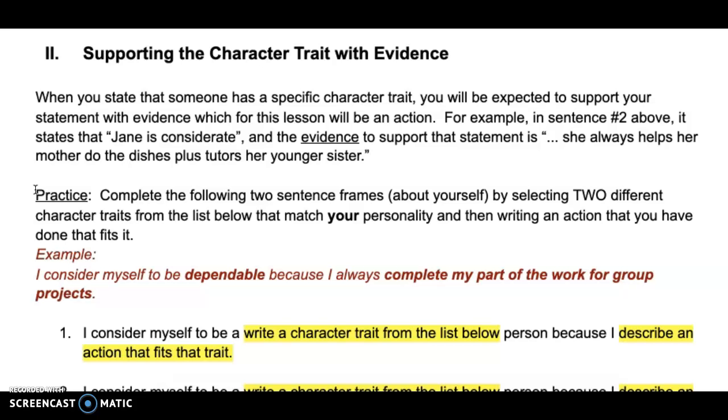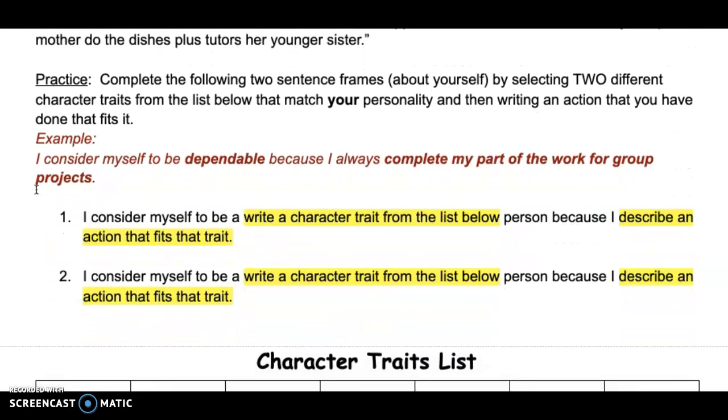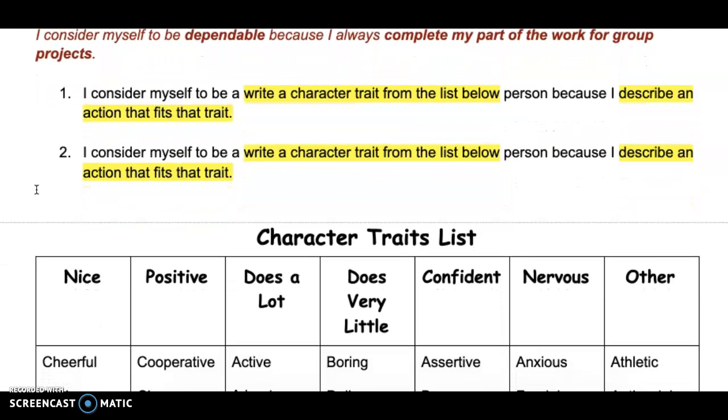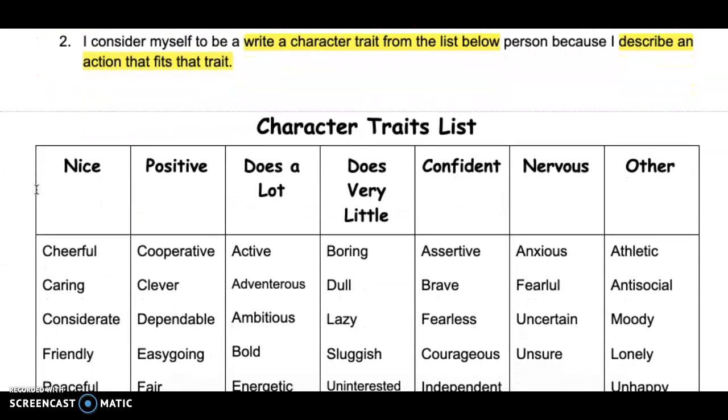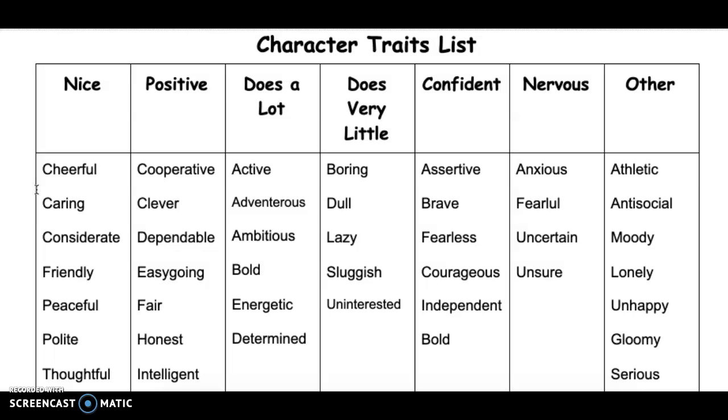So just to be clear, there is a list down here that says character traits list, and it has a lot of different character traits. Let's take a second to look at this. These are generally character traits for being nice, like here's that one considerate that was used for Jane, or just a positive person, or someone that does a lot, someone that does very little, being confident or nervous.